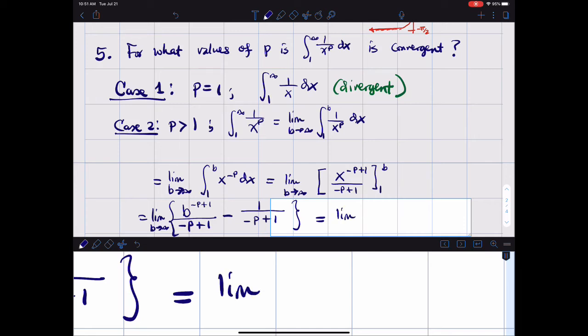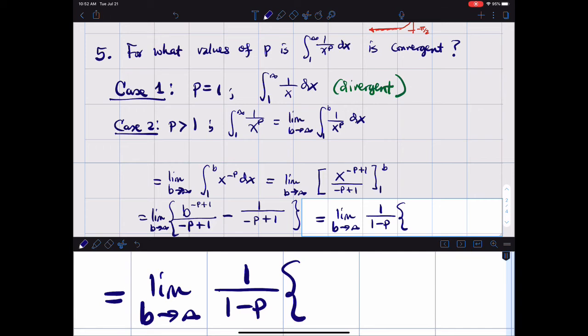We can factor out 1 over negative p plus 1. We can factor that out. So let's factor it out and let's write it as 1 minus p. So we're left with b to the power of negative p plus 1, minus 1. Okay?